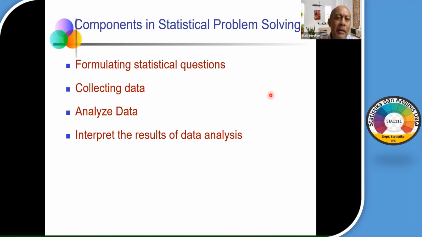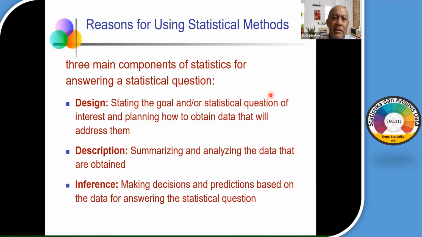After the data is available, you analyze the data, and after that interpret the result of the data analysis. Therefore, these are the reasons for using statistical methods. From the main components as I just explained to you, yeah, you need design, and then after that description, summarizing, analyzing the data, and then inference. Inference means making decisions and predictions based on the data.